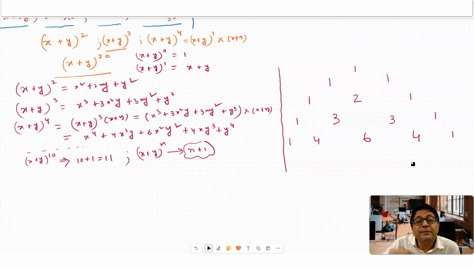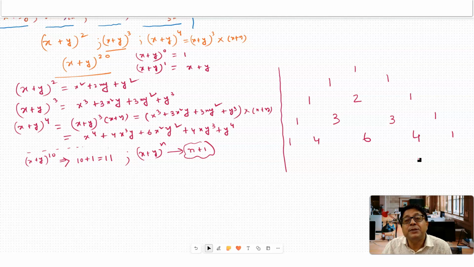We make another observation there that the extreme terms have coefficient 1 only. See, it is 1, 1. It is 1, 1. 1, 1, 1, 1. Coefficients are, for extreme terms, 1 only.